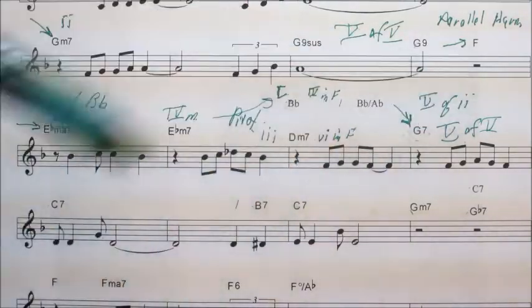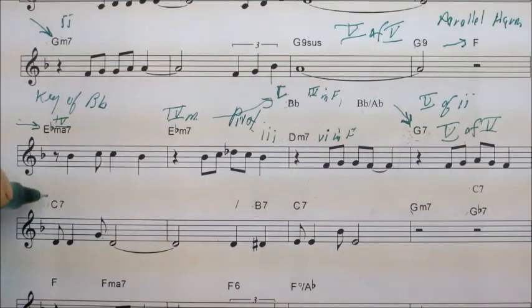So the G7 takes us to the C7, which is the 5 chord in F.